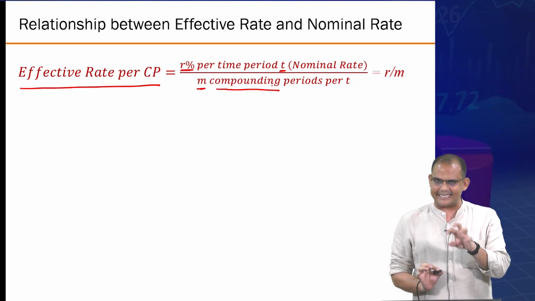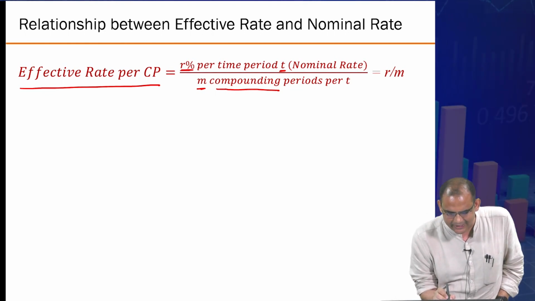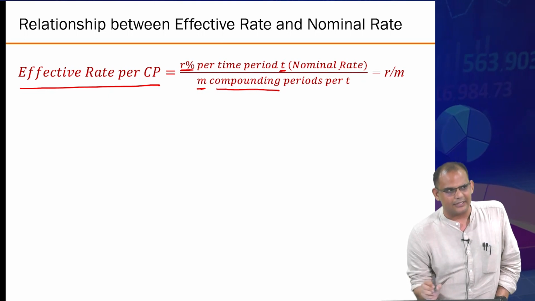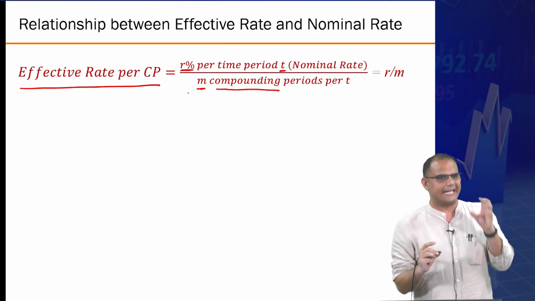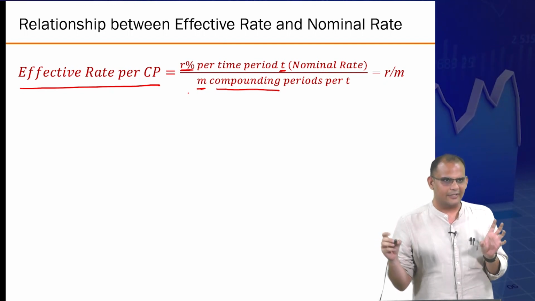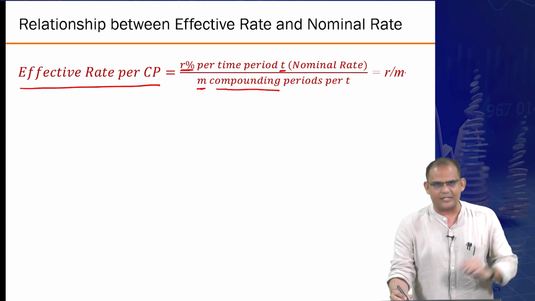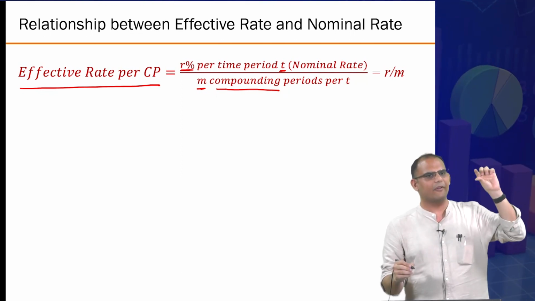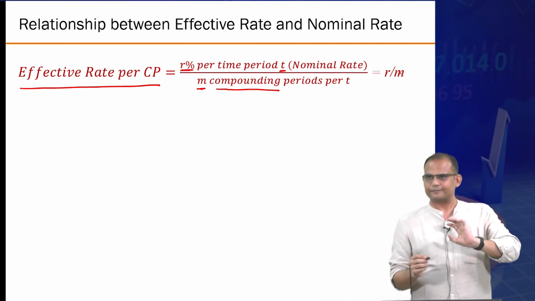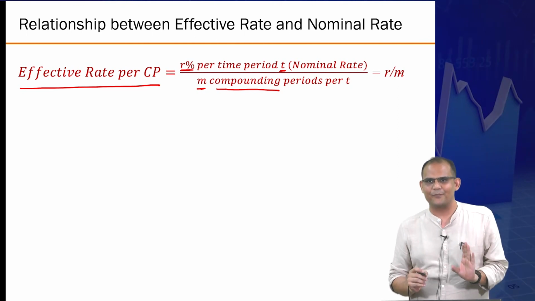Effective rate per CP, per compounding period, equals the nominal rate per time period t divided by the number of compounding periods m in that time period t. Okay, and it is denoted by r/m. This m is the same as the one we saw in the beginning, right? The number of compounding periods in the given time period t. So far with me in this formula?